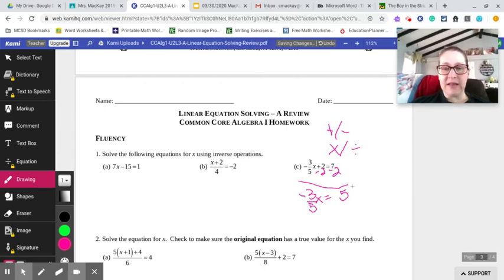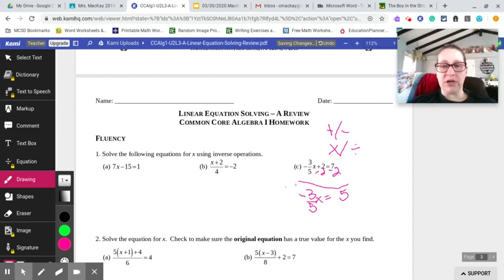Next thing I'm going to do is multiply or divide. In this case I'm going to multiply by the reciprocal, which means I'm just going to flip the order. So I'm going to multiply both sides by 5/3. These cross each other out, which leaves me with x equals 25/3.